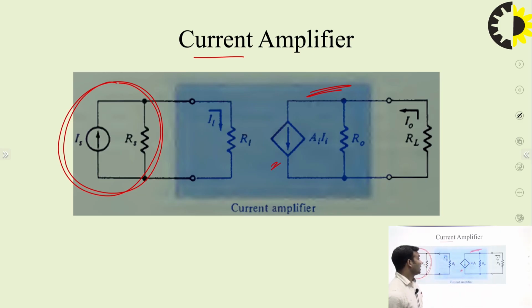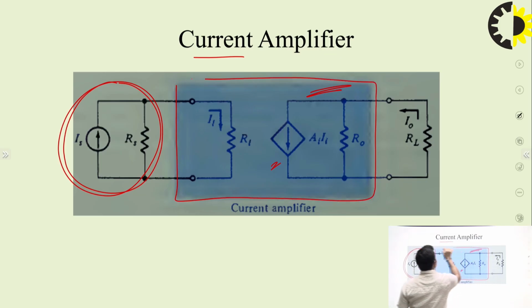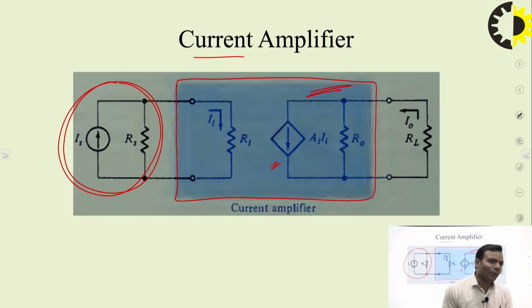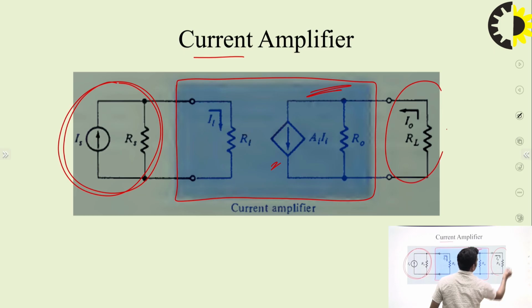Another thing is this is the internal architecture of current amplifier, or this is the internal circuit of the current amplifier.